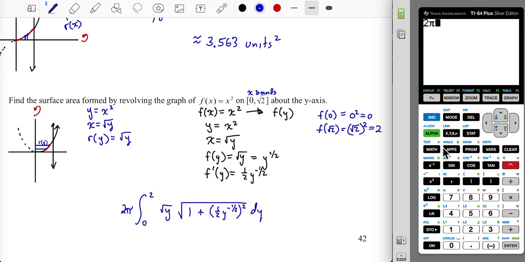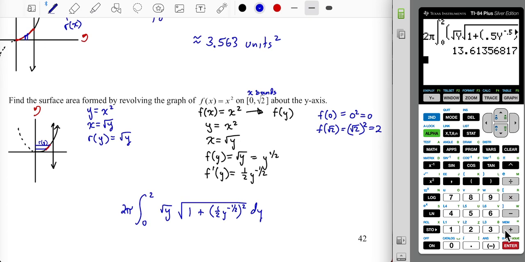2 pi, math 9, 0 to 2, rad y, multiplied by the square root of 1 plus, already that's 0.5, y raised to the negative 0.5 power, close it up, square it, and we're out of the radical, it's closed, and dy.